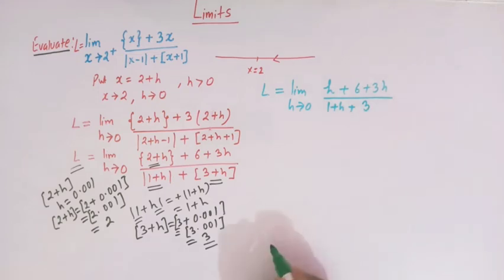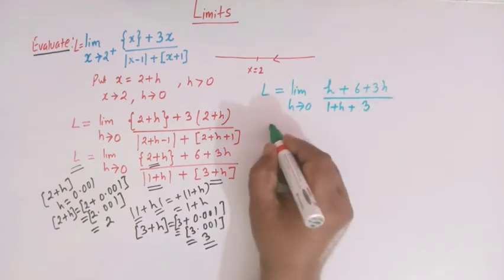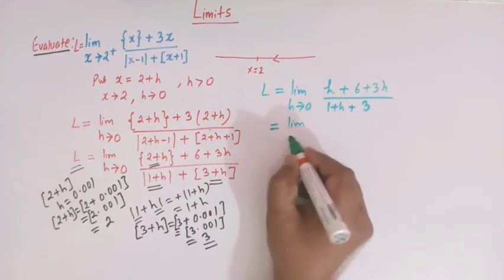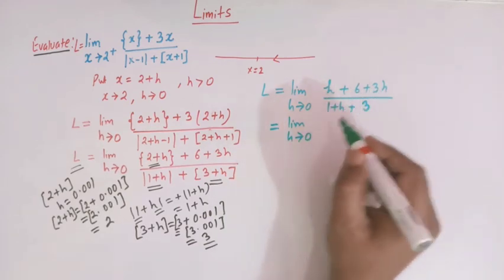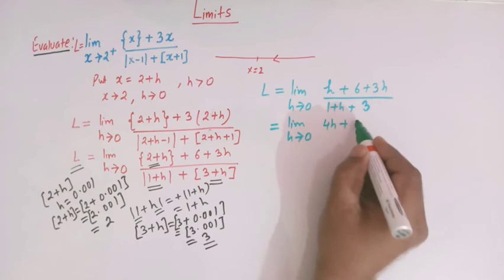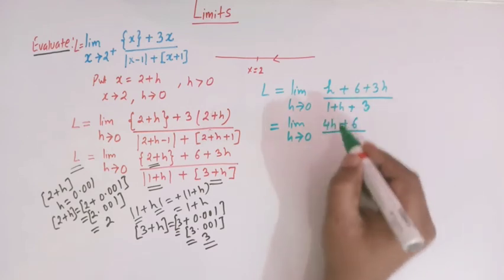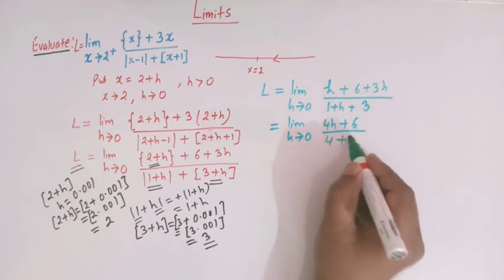So now we can easily simplify it. Limit h tends to 0, 3h plus h is 4h, plus 6, and here we have 3 plus 1, that is 4 plus h.